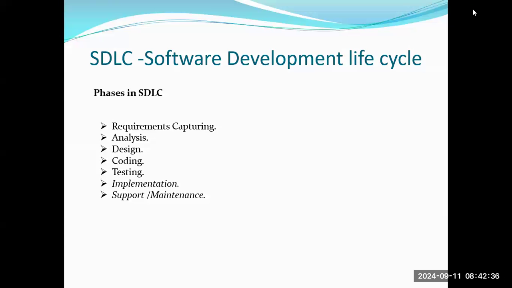Support and maintenance are very, very important. After testing, what are we doing? Implementation means release. Once the implementation is done, after the release, we go with support and maintenance.